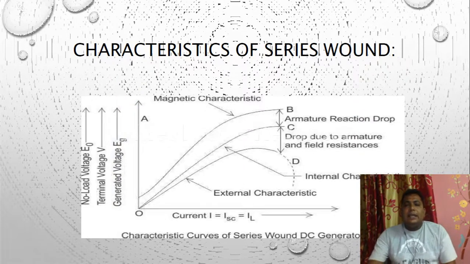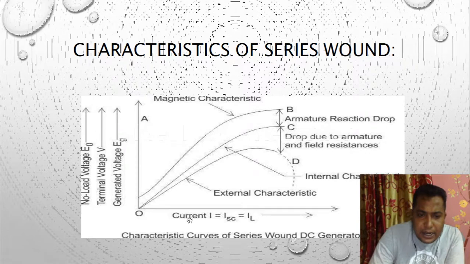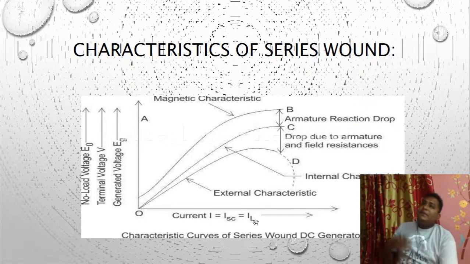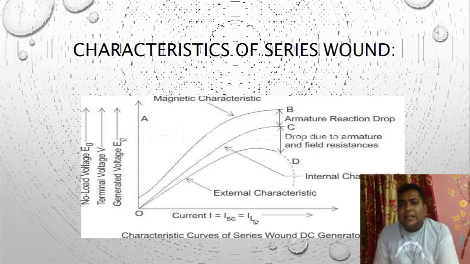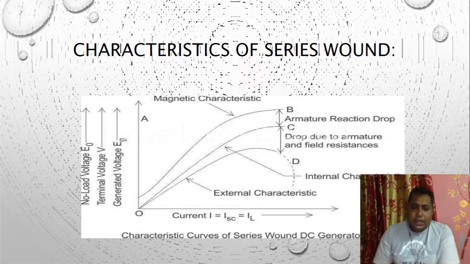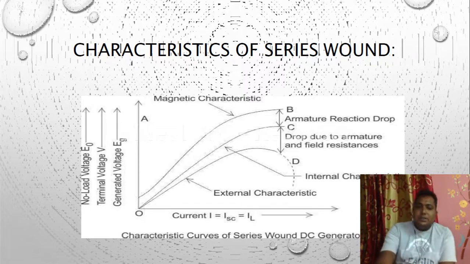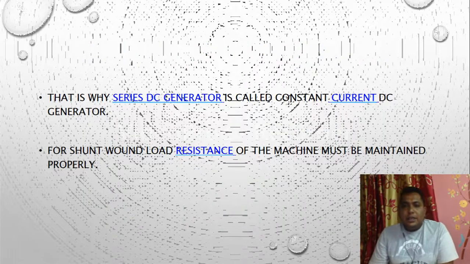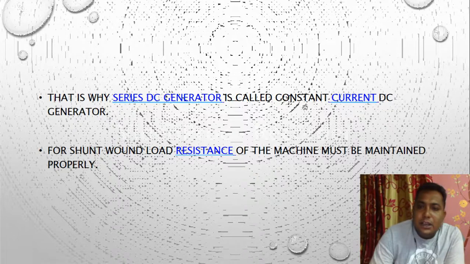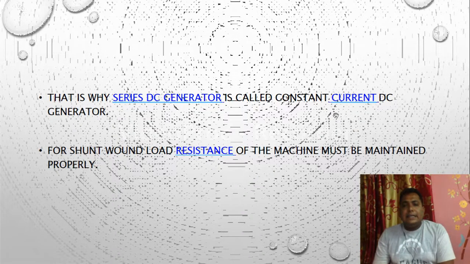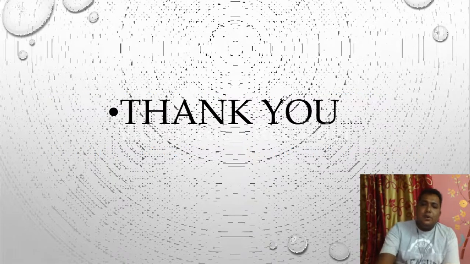So the current here, follow my pointer, I is equal to ISC, that is equal to IL. That means whatever is the machine current, that is actually coming to the load. Due to that, it is mainly named as constant current DC generators. Okay, so these are the characteristics we have to know.